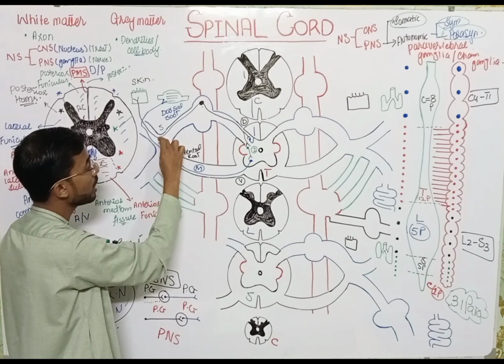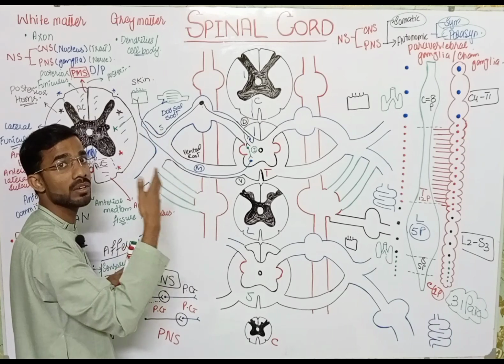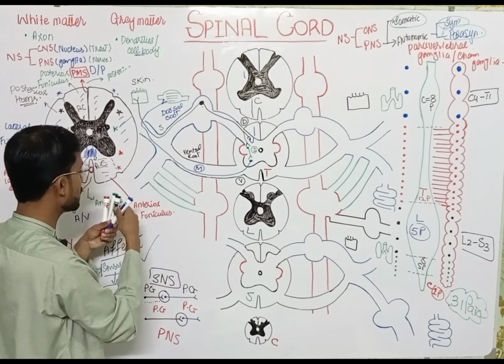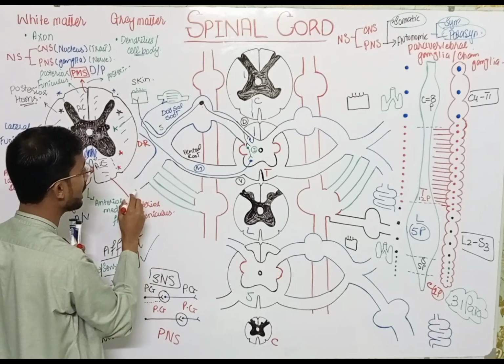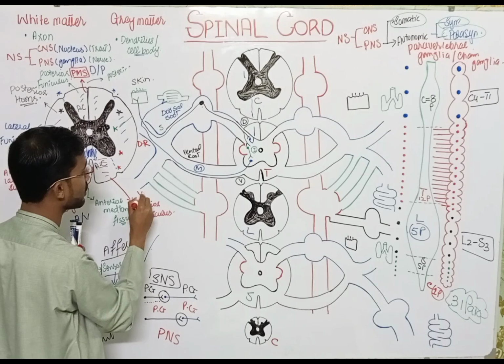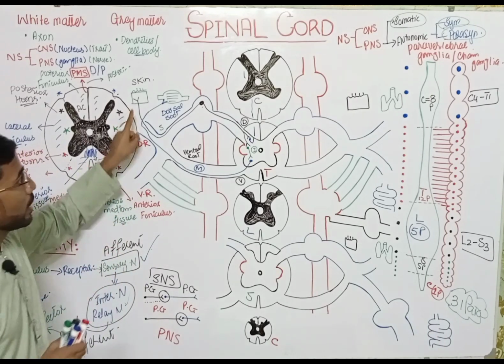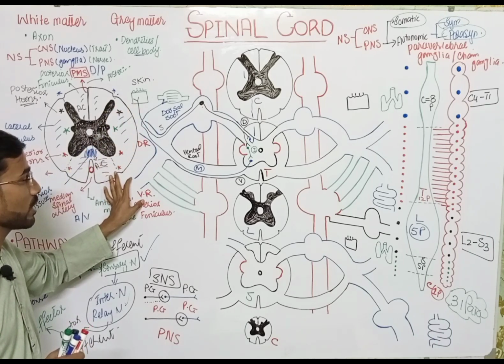And the spinal nerve divides into two rami, or you can say branches. So here at the dorsal side, you will see the dorsal rami, and here at the ventral side, you will see the ventral rami. So this is the case. Why dorsal rami and ventral rami?